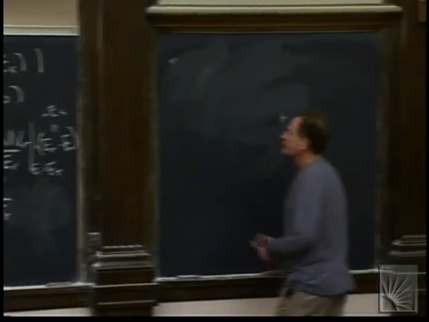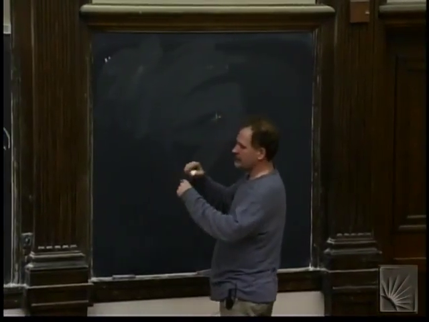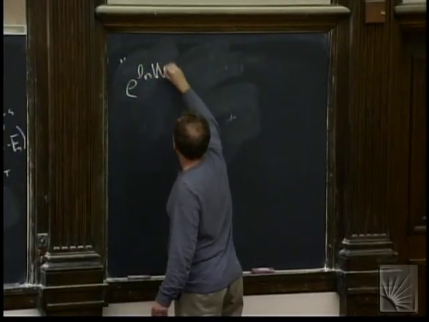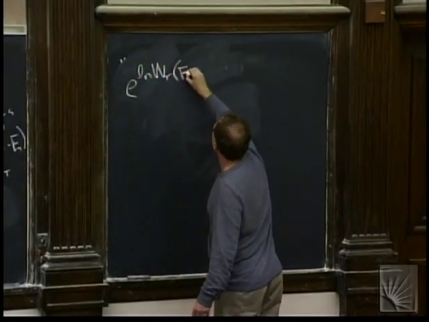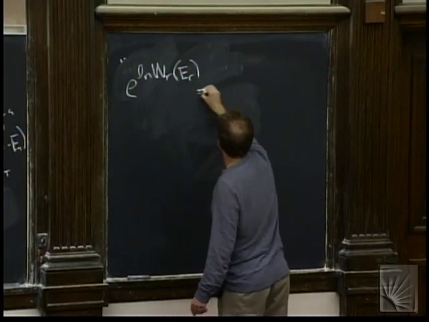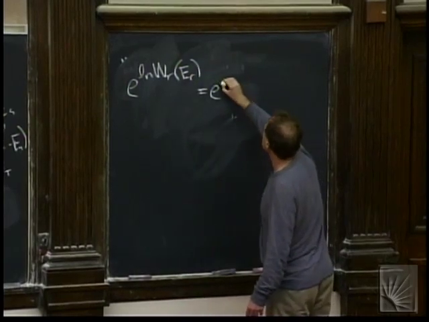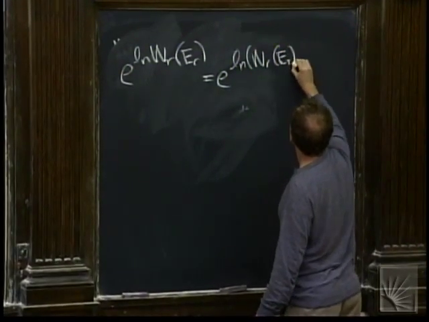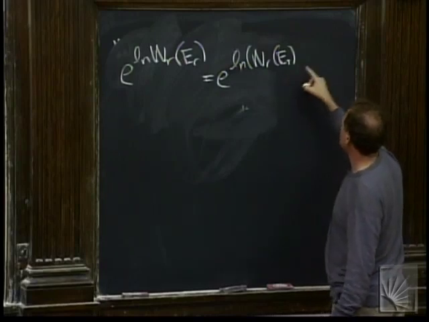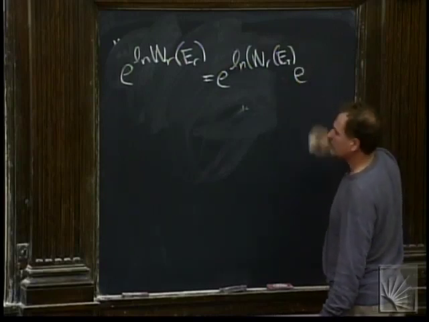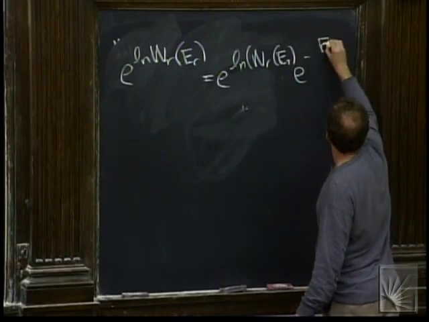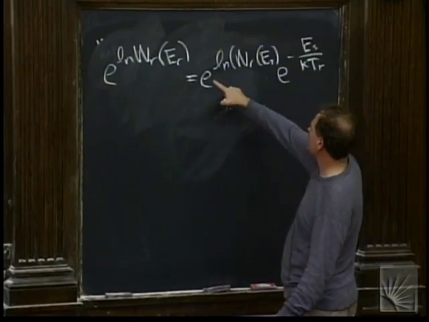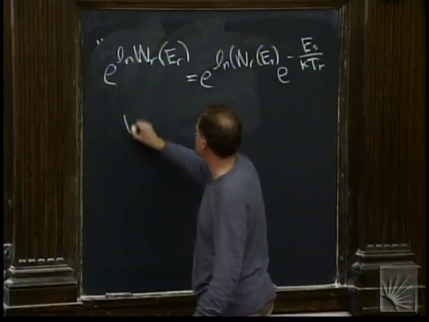All right? So just take the exponential of both sides. So e to the natural log of W_R of E_R equals e to the natural log of W_R of the total energy times the exponential of minus E_S over k T_R. And of course, the exponential of the log is just the thing again.